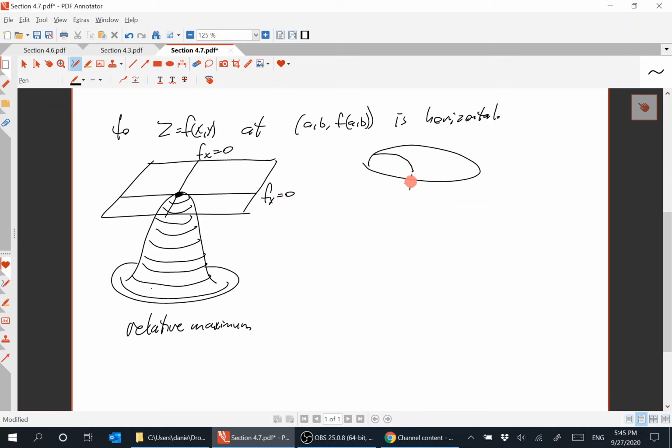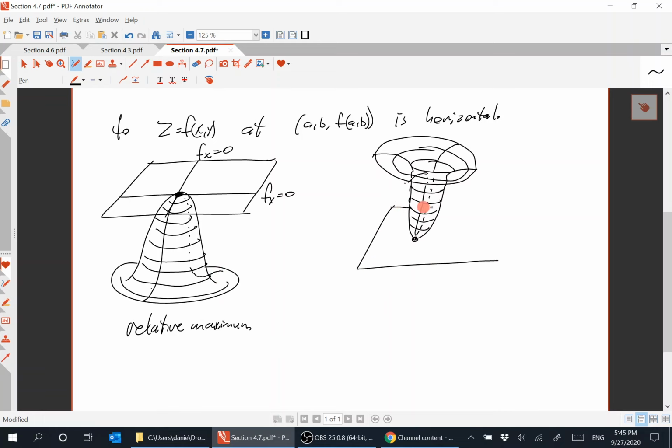See if I can draw that. These lines going up are nice as well. So this would be a relative minimum.